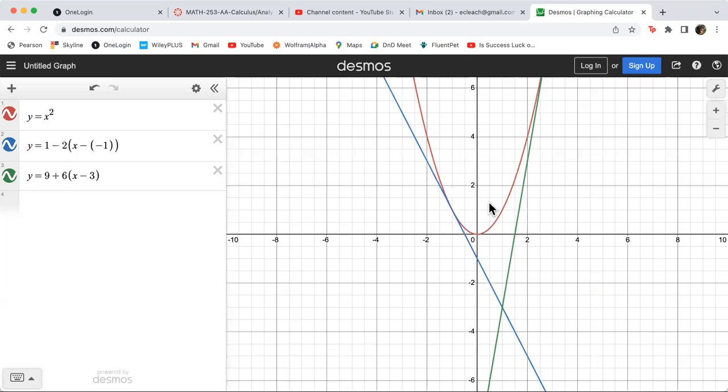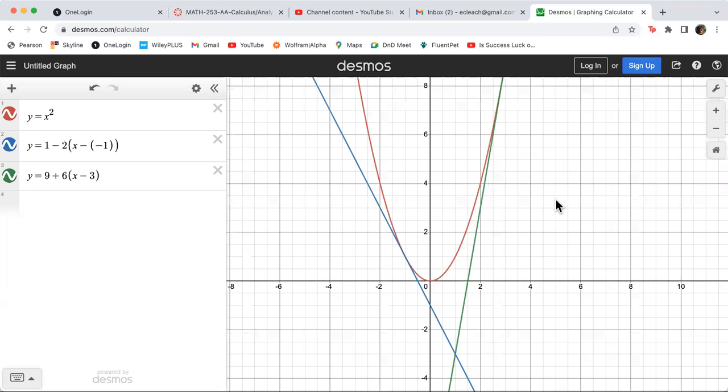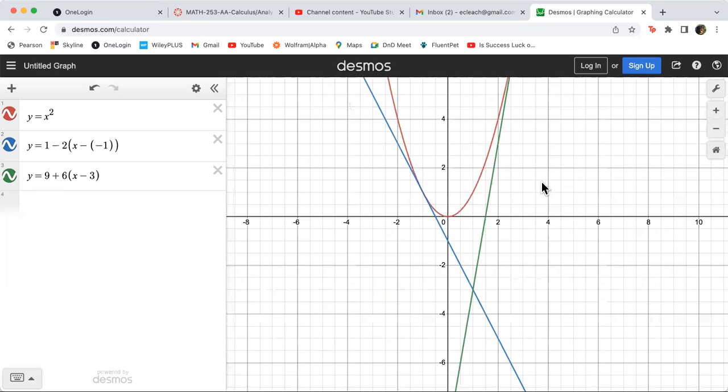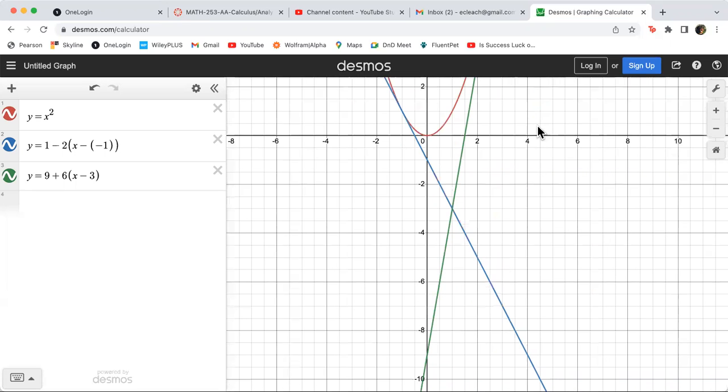That blue line is only any good near x equals -1. That green line is only any good near x equals 3. If we start getting away from 3, like here at 0, it is a very bad approximation. The parabola is like 0, and the line is like -9. That's way off.